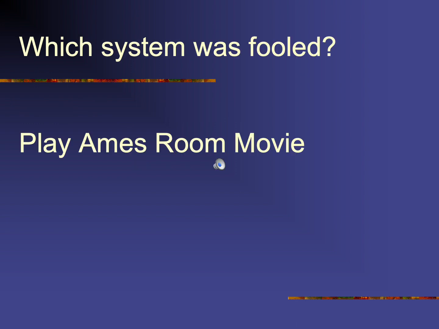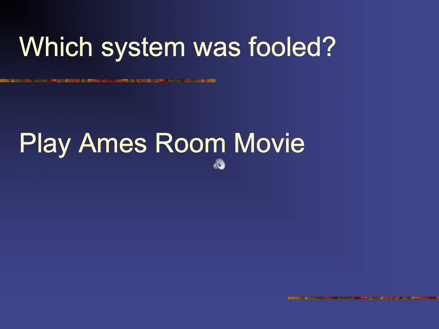Okay, now we're going to play a little game. We're going to try to figure out which system was fooled. The ascending system up in the parietal lobe, where you tell where things are, or the descending system in the temporal lobe, where you tell what things are. So now we're going to go to the course website and play a movie called Room, and try to figure out which system was fooled.